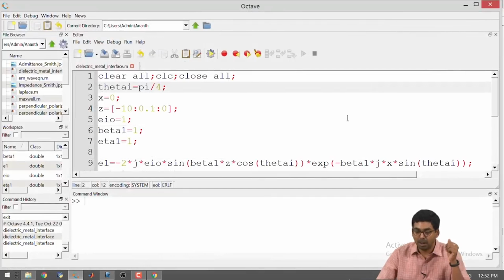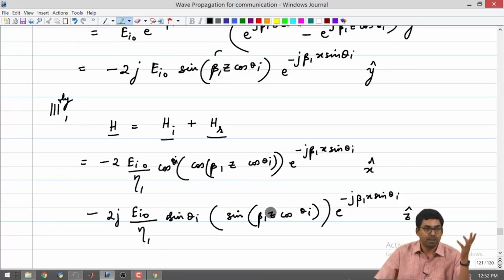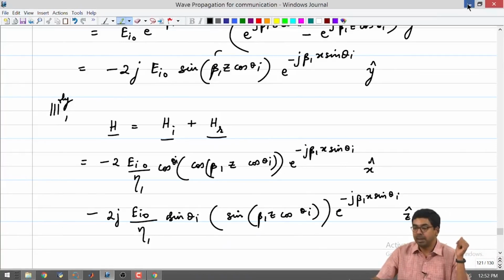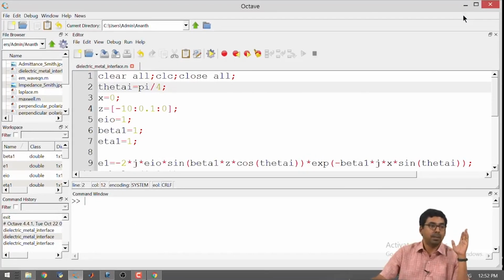If you look at all the expressions we have, with respect to z you just have a standing wave, because at fixed values of z you have fixed values, whether maximum or minimum. But with respect to x, it is a traveling wave. The other thing we have seen from the diagrams is that something is going on with the tangential component of the magnetic fields in the case of a dielectric conductor interface, and we are going to talk about surface currents in the next class.